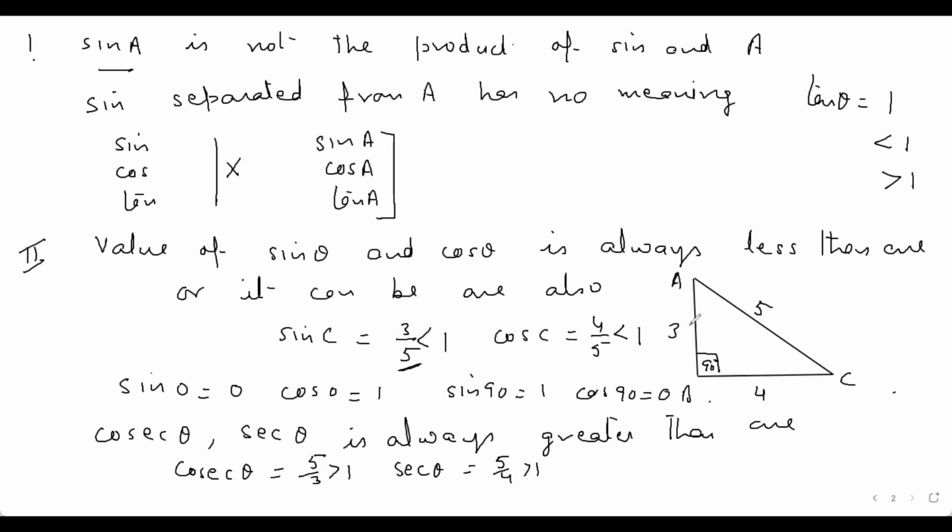If here it is 3 by 4, that is less than 1. If 4 comes here and 3 comes here, then it will be greater than 1. So the value of tangent theta can be equal to 1, less than 1, or greater than 1. But we can't say it is always greater than 1, which is asked in one of the questions. No, it can be 1, less than 1, or greater than 1.